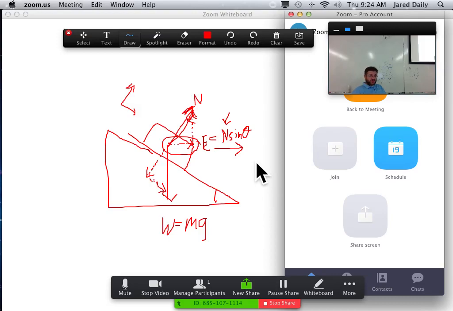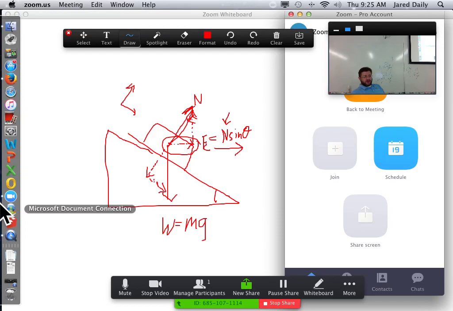If you don't have friction, then you have to be moving in order for it to stay there, right? And if it's moving, then there's a centripetal force that is pointing in the same direction as this component of the normal force. So it's going to add to that normal force. So the overall normal force is going to increase, and that's going to come from the centripetal force.